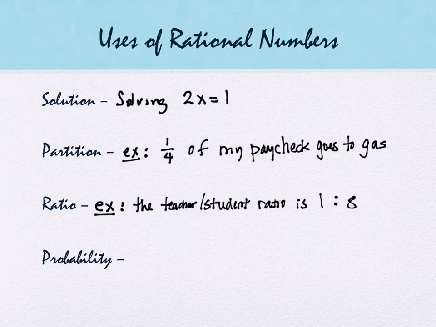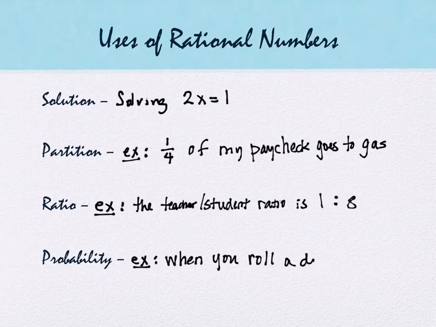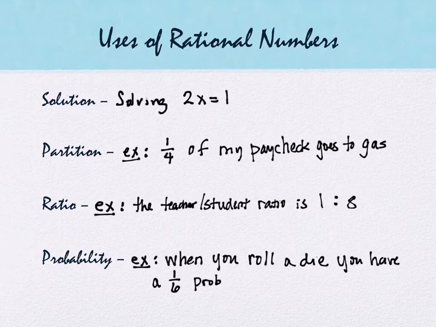Probability is the last one that we're going to look at, and I'll do another example to show a probability being used. When you roll a die, you have a 1 out of 6 probability of rolling a 5, for example.